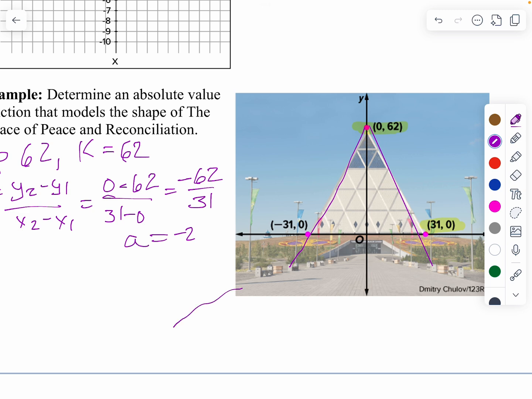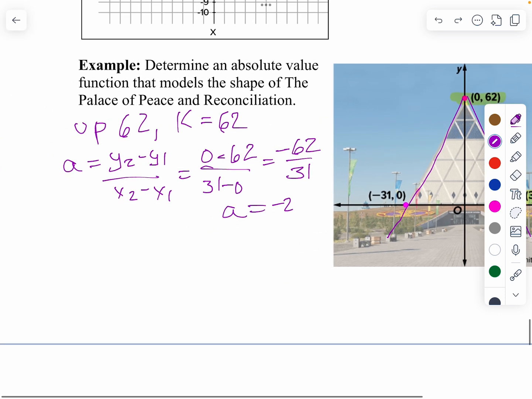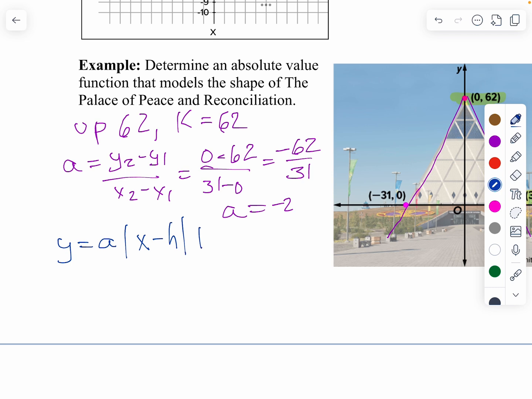So now I've got everything I need to write my equation. So y equals A, absolute value x minus h, plus k. So I'm going to say y equals A is negative 2. No, I didn't say h.